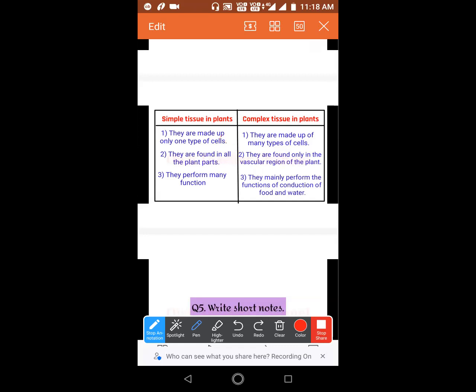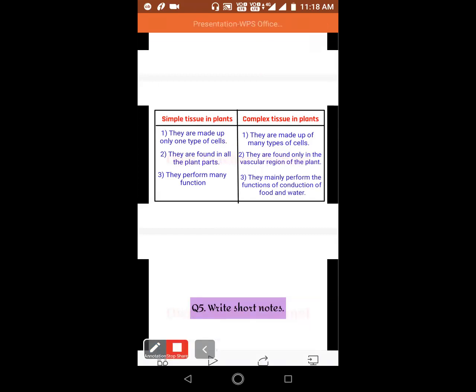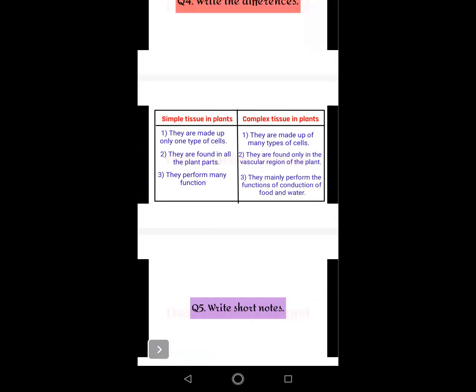Again, you note down this. Third point: simple tissues perform many functions.